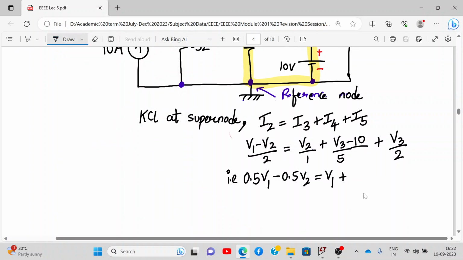So this is 0.2 V3 minus 10 upon 5 will be 2 plus 0.5 V3.